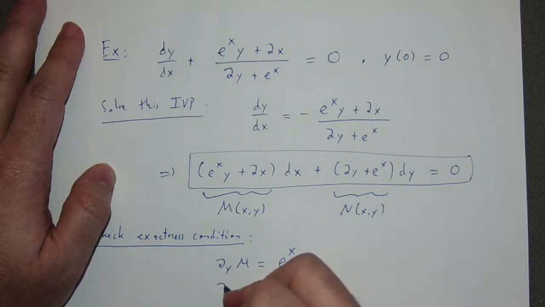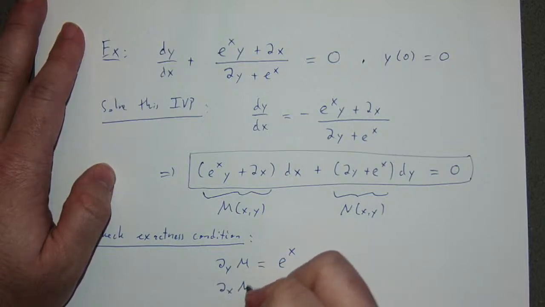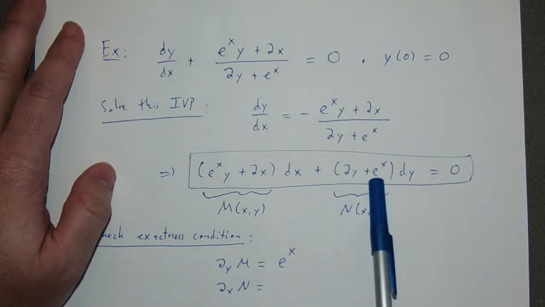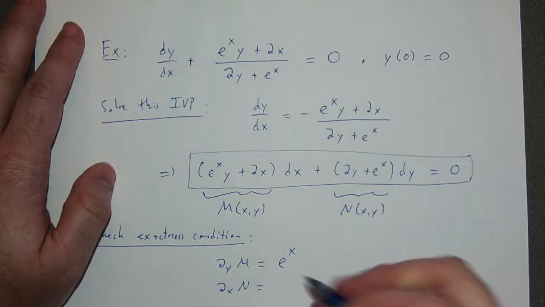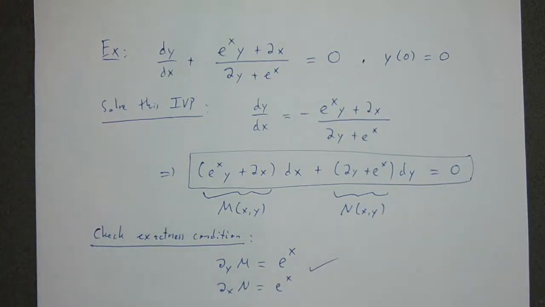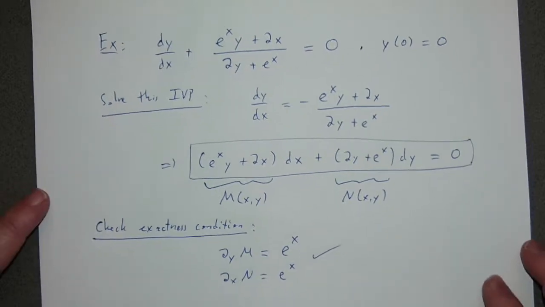The x partial of N: the x partial of 2y is 0, because I'm treating y as a constant. The x partial of e to the x is e to the x. So the exactness condition holds, and there is hope that this process is going to terminate in a solution.